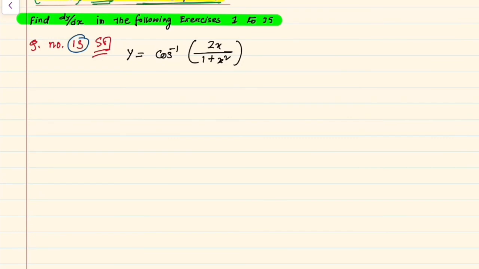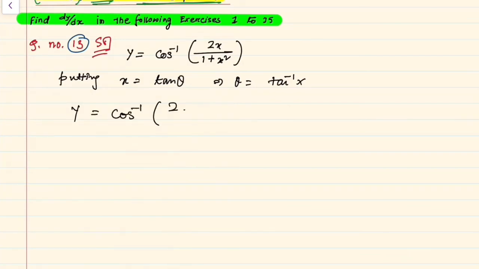So here again we are going to put x is equal to tan theta, which implies theta is equal to tan inverse of x. So y is equal to cos inverse of (2 tan theta) by (1 plus tan square theta).